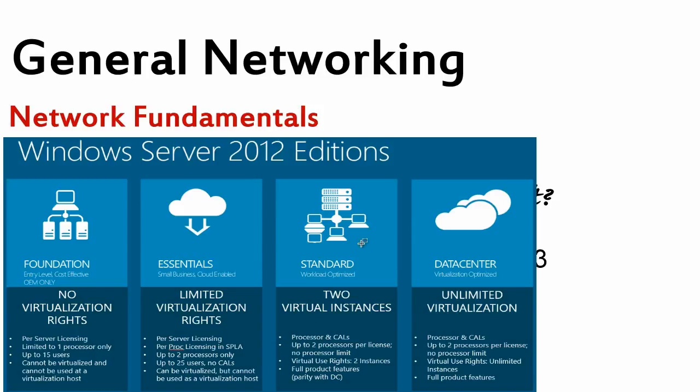Standard is just a standard server. That's what most companies go for. As you can see, it will include all features. And there is a version Foundation, which is an entry-level server, really cheap. A lot of, for instance, HP servers will arrive with this edition included, and you can take advantage of that.